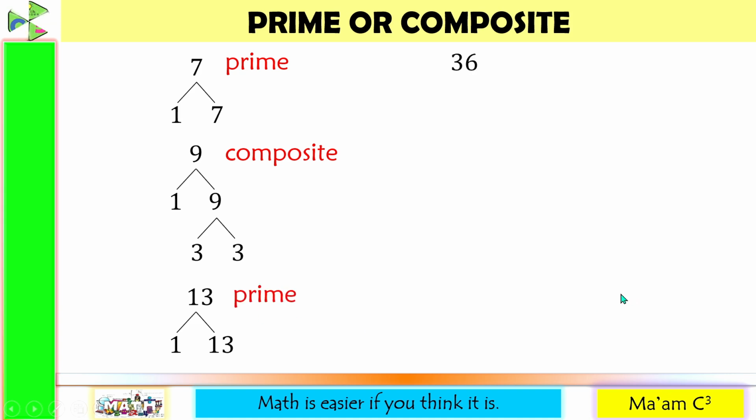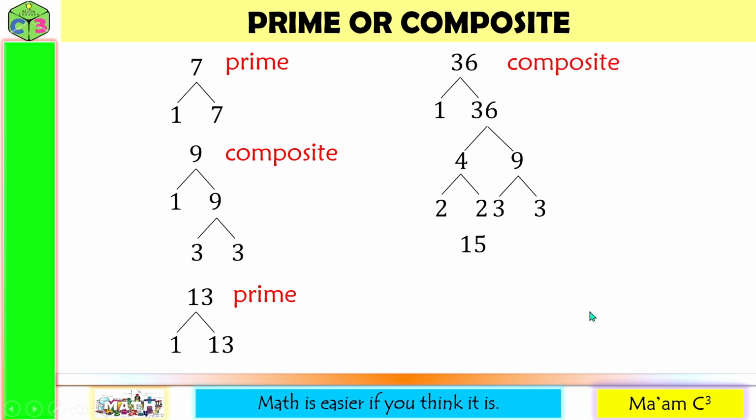Let's have 36. 36 is a product of 1 and 36. 36 can be expressed as a product of 4 and 9. 4 is 2 times 2, while 9 is 3 times 3. Since there are other factors except 1 and 36, then 36 is composite.